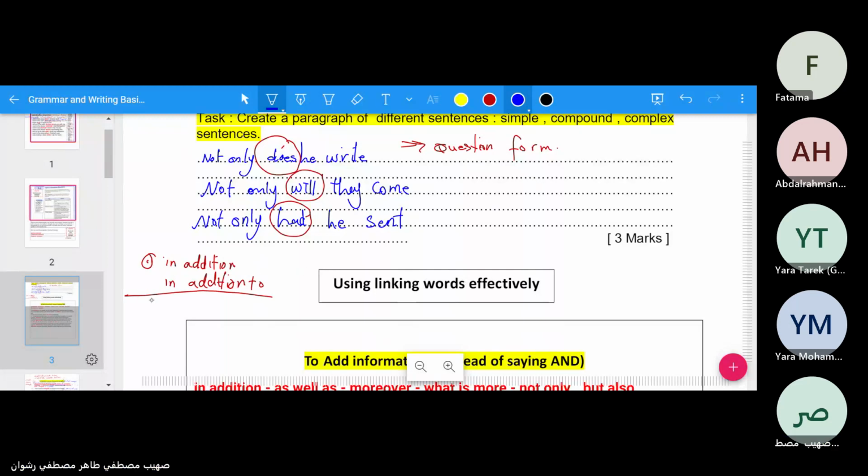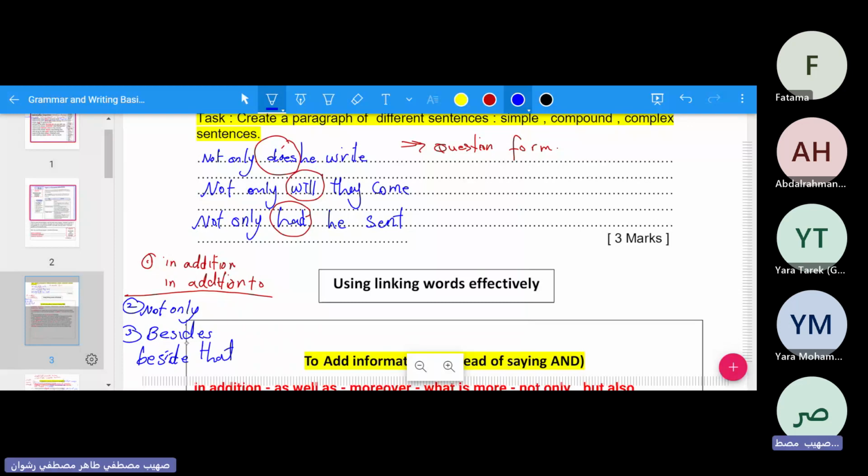Number two: not only, but also. Question number three: besides and beside that.